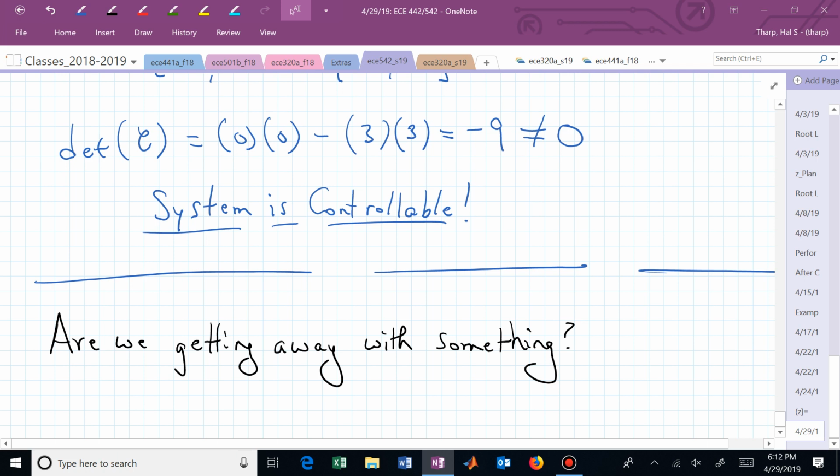When we were designing proportional controllers, PI controllers, PID controllers, stabilizing controllers, could we locate the closed loop poles arbitrarily wherever we wanted in the complex Z-plane? How come we can now?